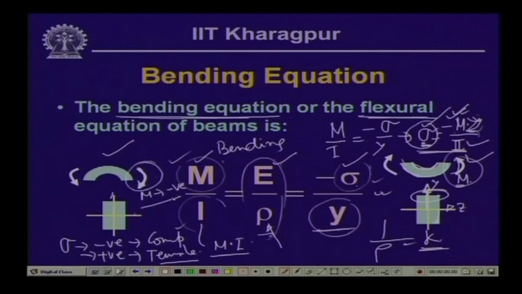Now, since M is negative and y is positive over here, sigma becomes positive, and according to our convention, when sigma is positive it is tensile. Physically, because of this kind of moment, the top fiber undergoes stretching, which is tensile in nature, and correspondingly the bottom fiber undergoes compressive stress.